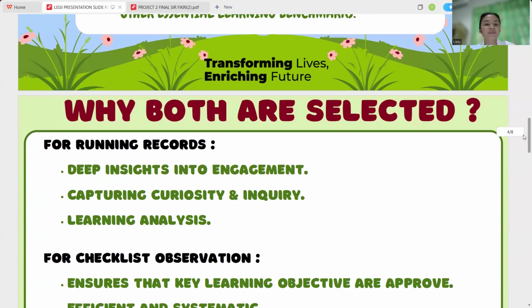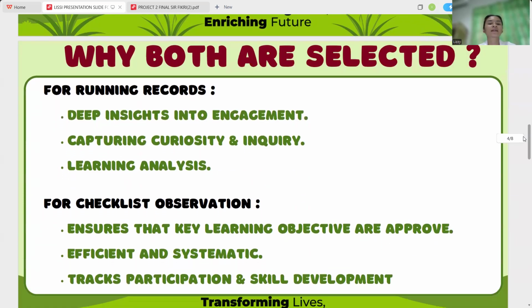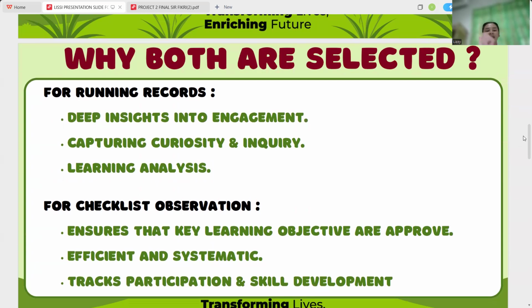Next I move to why both are selected, which means why I selected running records and checklists. For running records, they give deep insight into engagement. During the running records I get to know the children's movement, which means their curiosity in doing the activities, observing the activities themselves, and learning analysis.